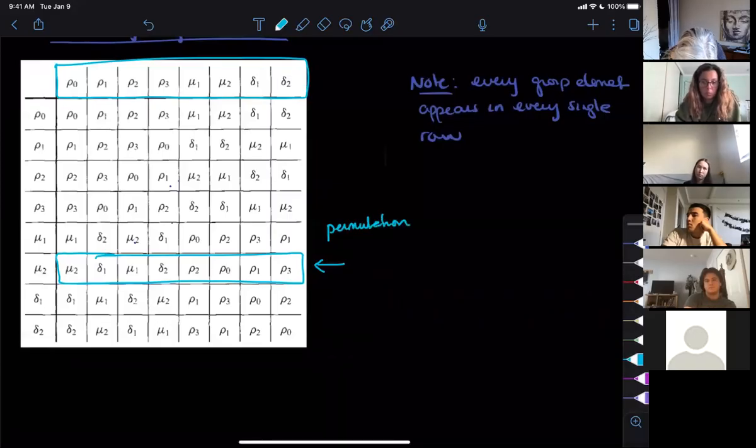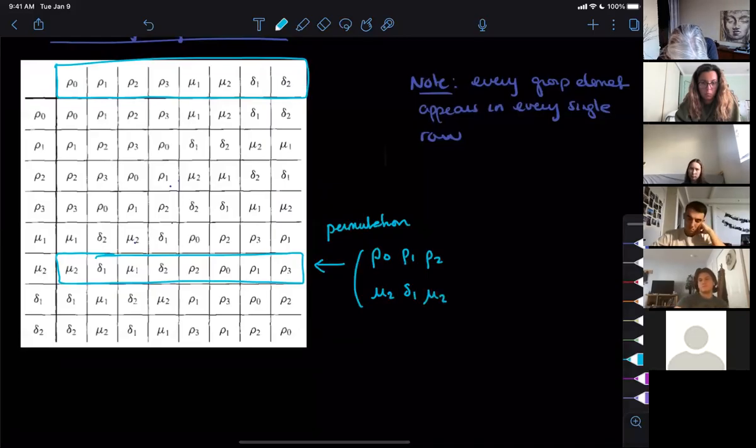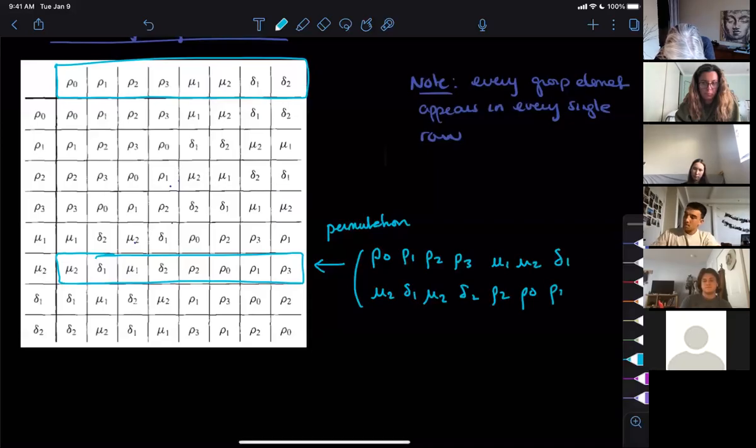That looks like this. Well, let's see. Row 0 went to mu2, and row 1 went to delta 1, and row 2 went to mu2, and row 3 went to delta 2, and mu1 went to row 2. I wish I'd chosen a smaller table. And mu2 went to row 0, and delta 1 went to row 1, and delta 2 went to row 3.